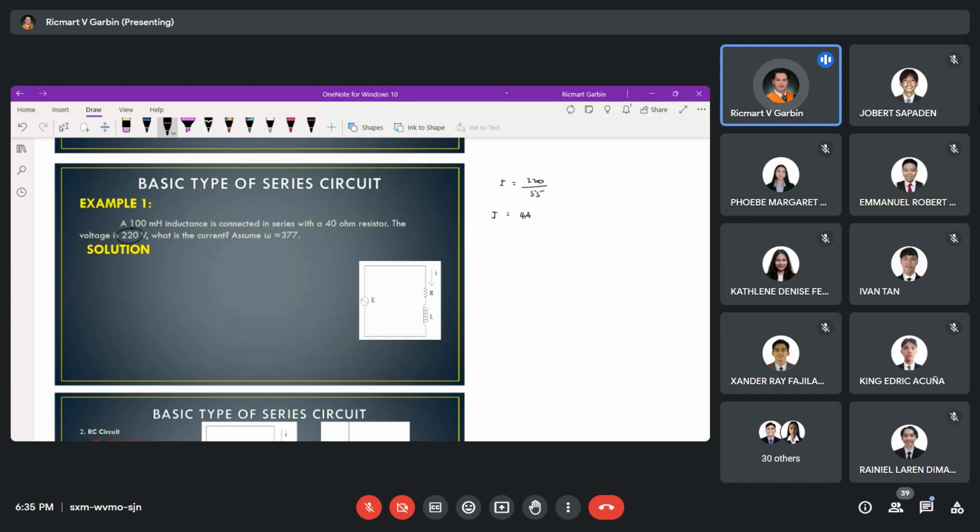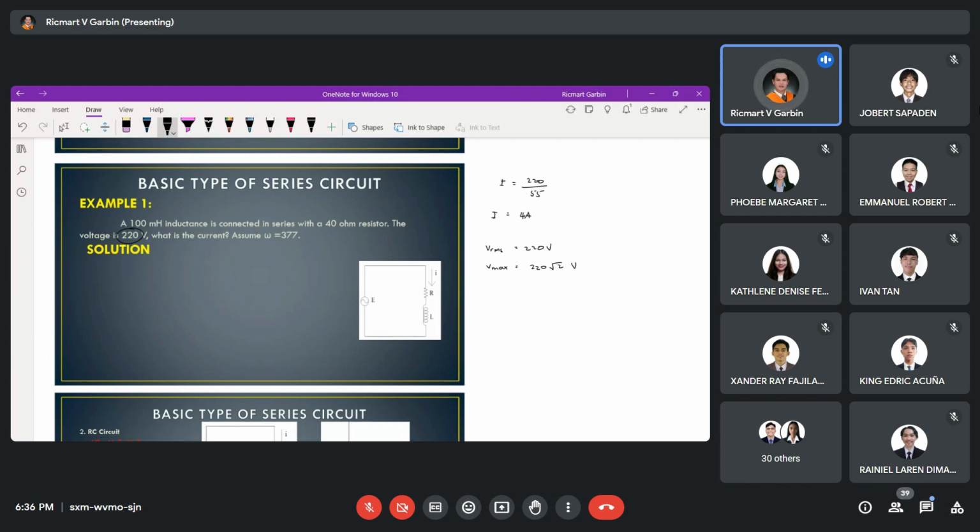Supposedly, kung gagamitin natin yung sa form, di ba ito ay naka-instant RMS. So ang ating VRMS is equal to 220 volts. Para ma-convert natin yan into V maximum, that is equal to 220 square root of 2 volts. Ito dapat yung ilalagay natin.